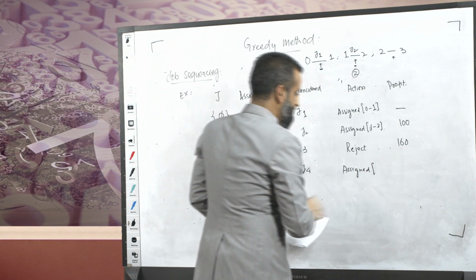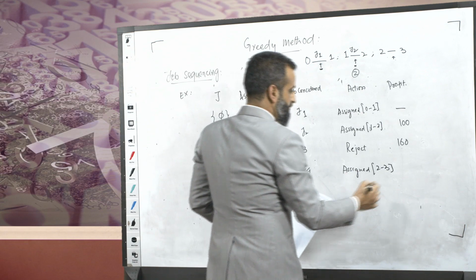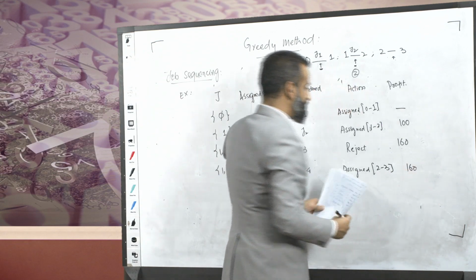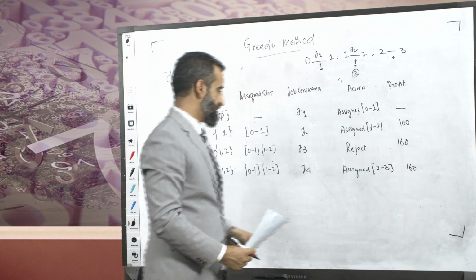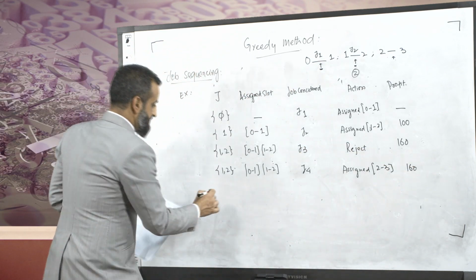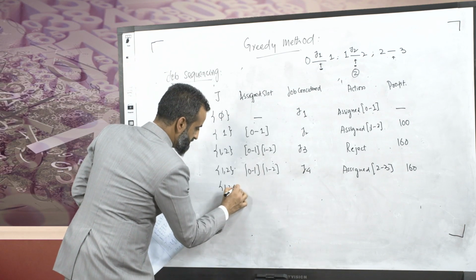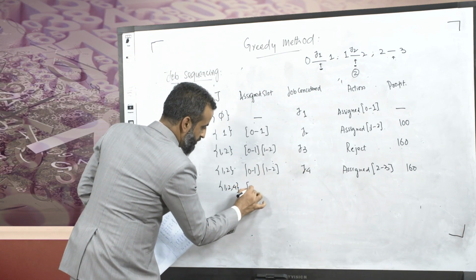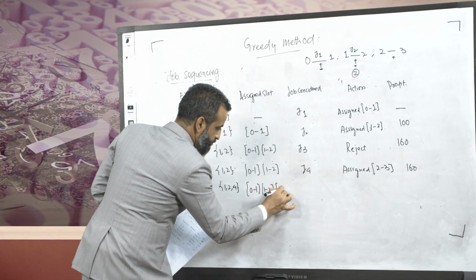So the assigned slot in this case will be 2 to 3. The profit earned still is 160 because the previous job got rejected and did not earn me any profit. Now the solution set contains jobs 1, 2 and the job 4 that I just assigned. The occupied slots are slot 1, slot 1 to 2 and slot 2 to 3.